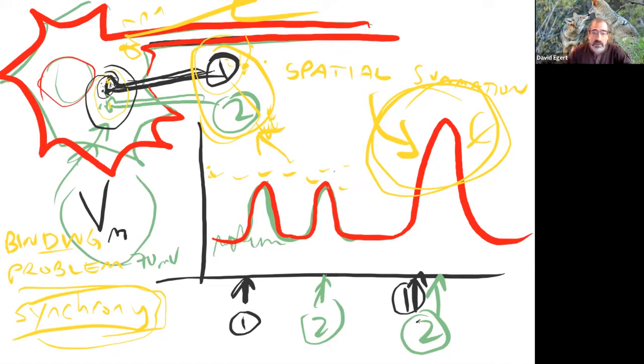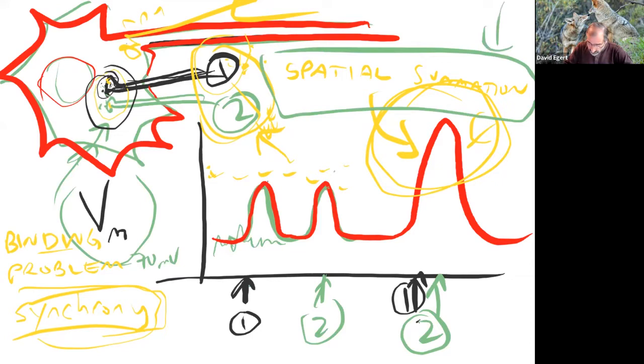So, spatial summation. We will see this again a little later, particularly when we start talking about one of our labs. There's another kind of summation I mentioned, temporal summation. So let me put that in here.